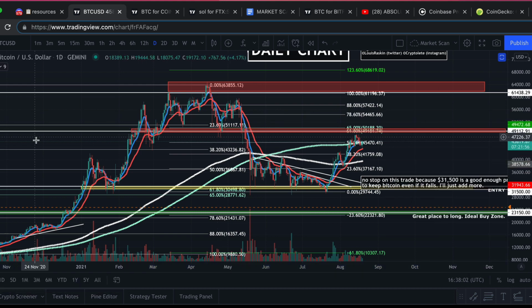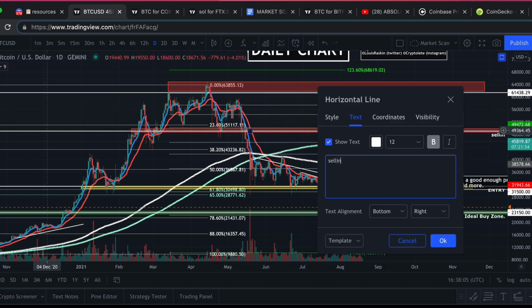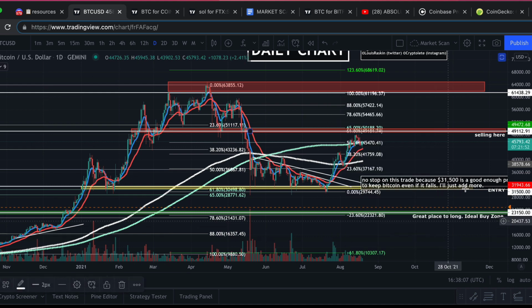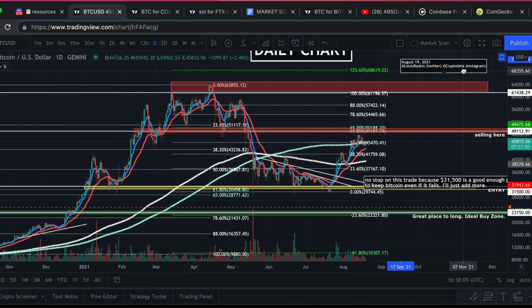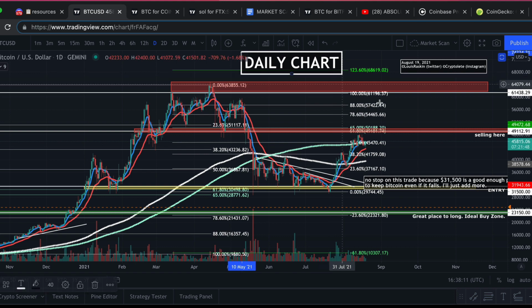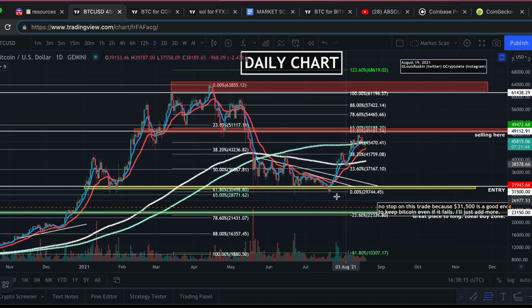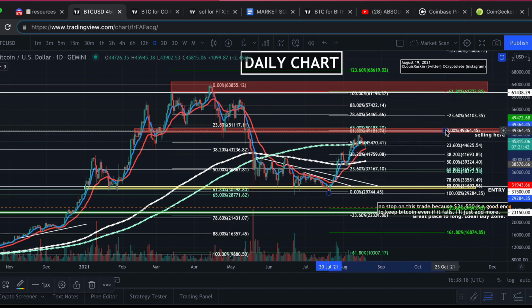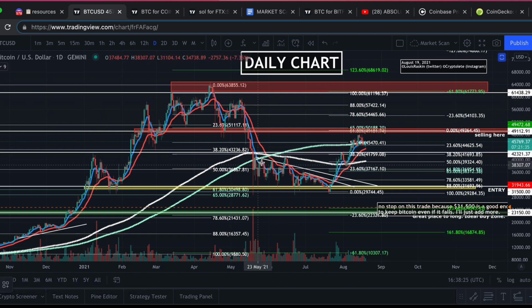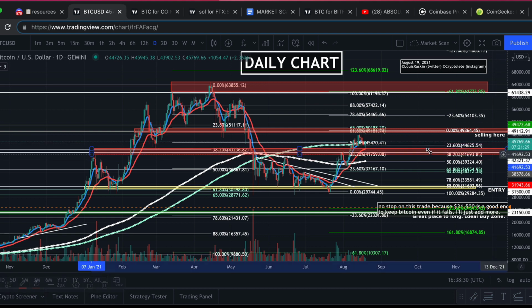49,100, I'm selling. Yeah. Selling here. So selling there. Fib from here to here. 42K. This is a great, and then look at how this lines up so perfectly with the support.